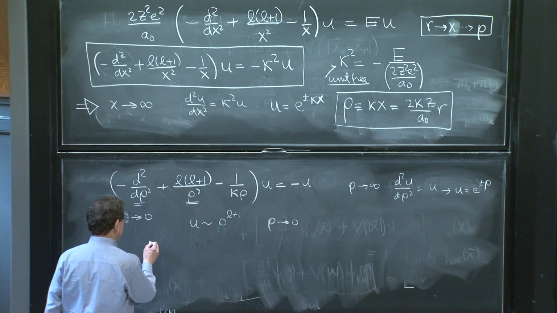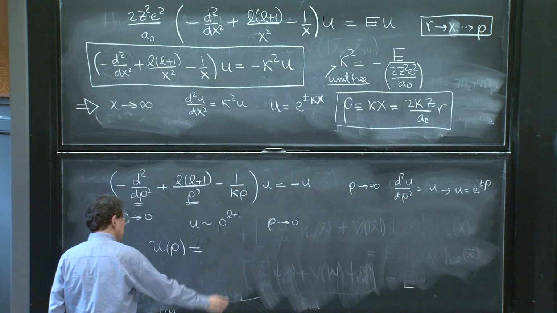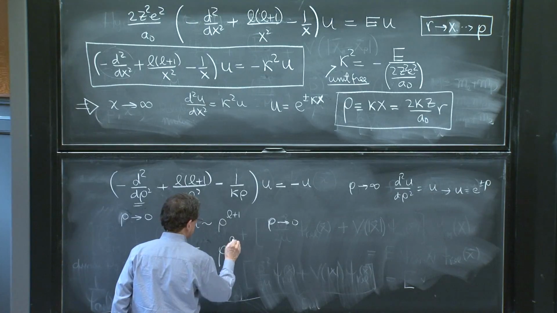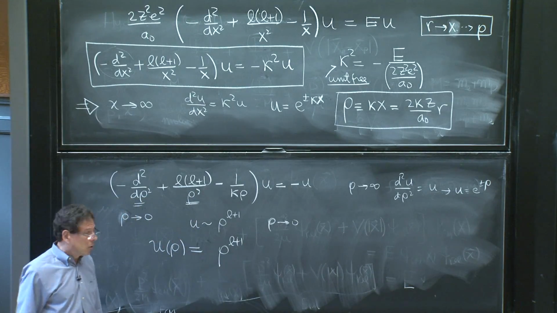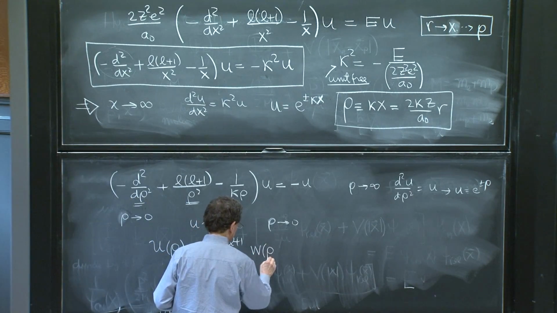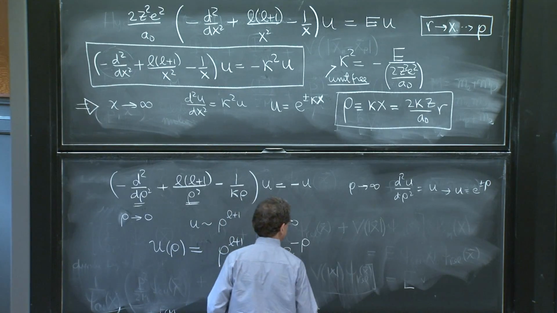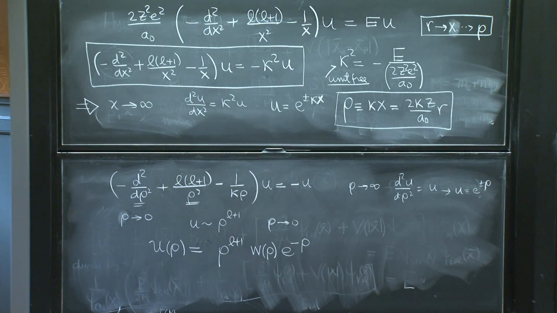We try something better, which is we set u of rho, the solution, we write an ansatz. It's going to be rho to the L plus 1, that will have the right behavior for rho going to 0, times an unknown function, w of rho, times e to the minus rho, which is the right behavior we want. Now, there's no assumption whatsoever when you write an ansatz of this form.